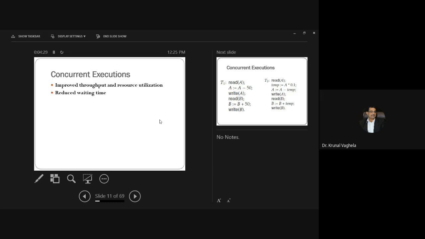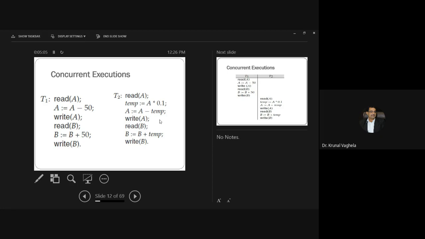If 1 million customers are purchasing in parallel it is fine, but if it is serial, then your turn will come after 1 million customers, after years or even decades. So waiting time is reduced. Let's understand concurrent execution: what are the advantages, which we have seen, but what are the problems and what are the solutions to those problems?